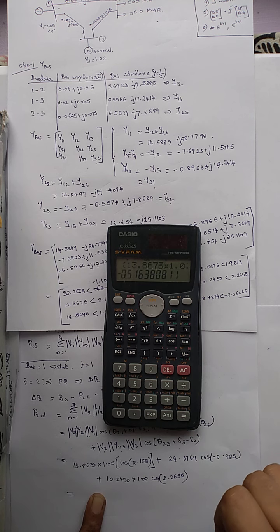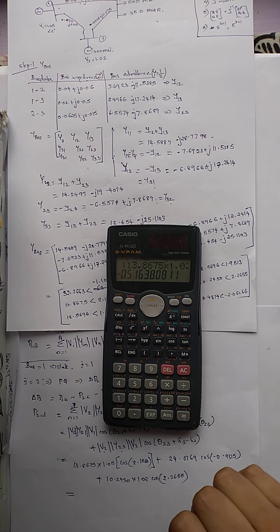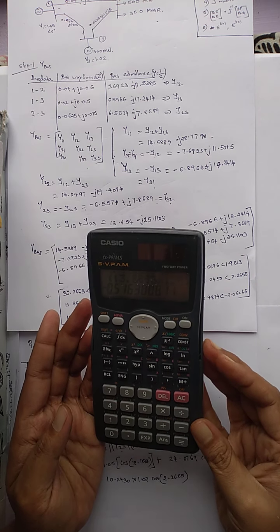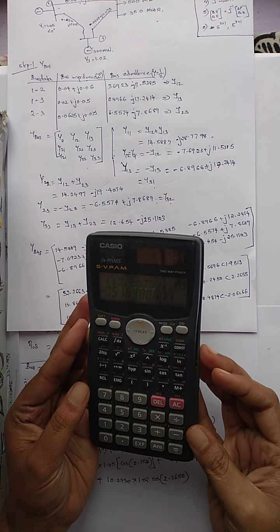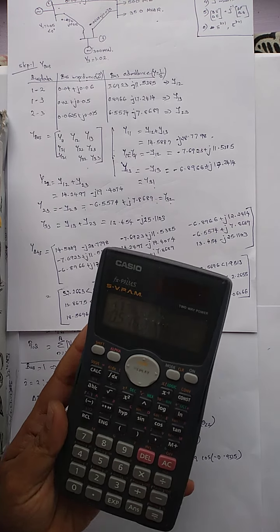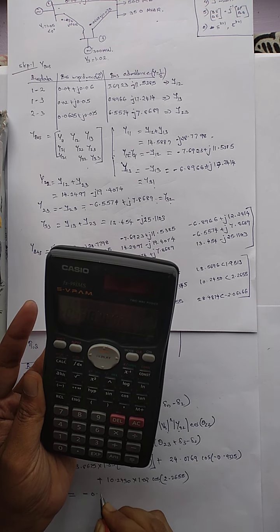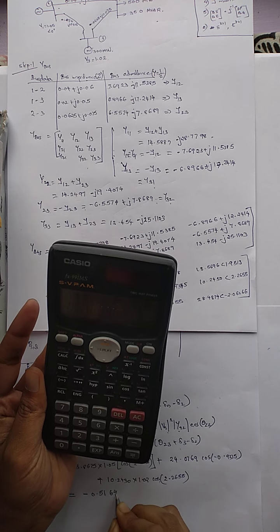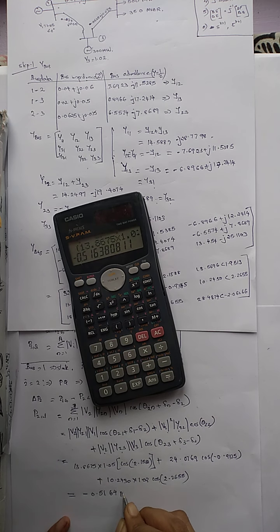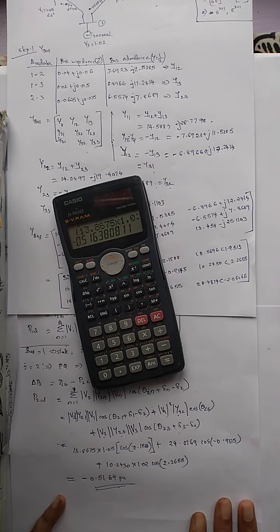That value I will calculate, and I have to calculate P2 calculated, and that P2 calculated value I got as minus 0.5164 per unit.